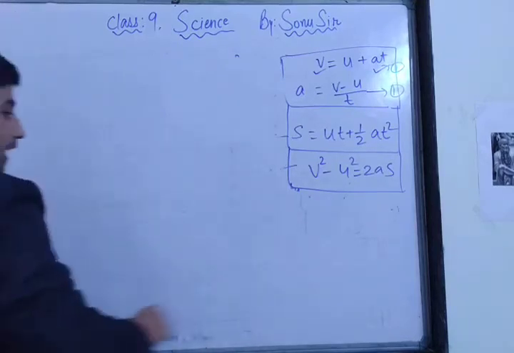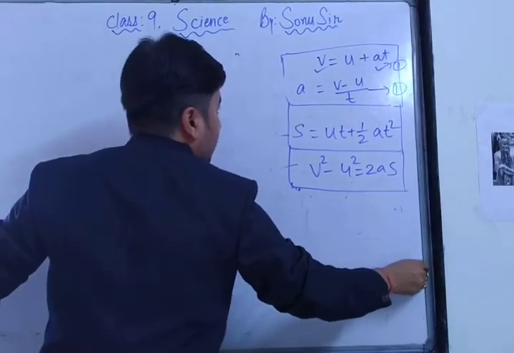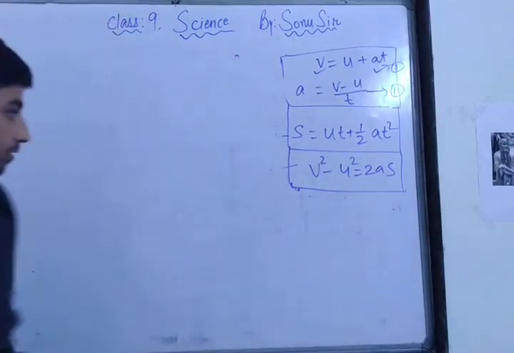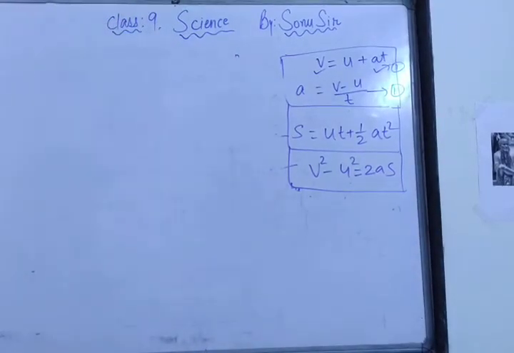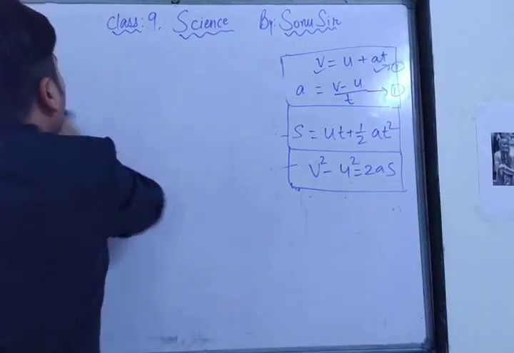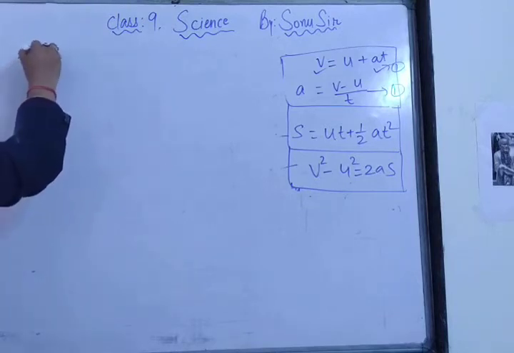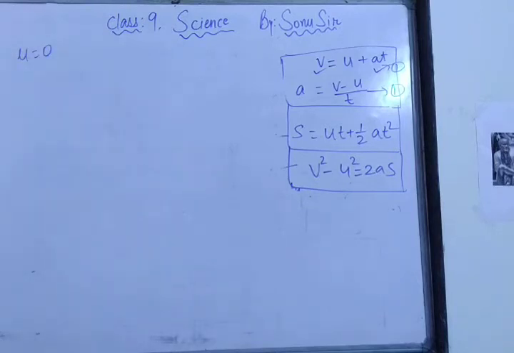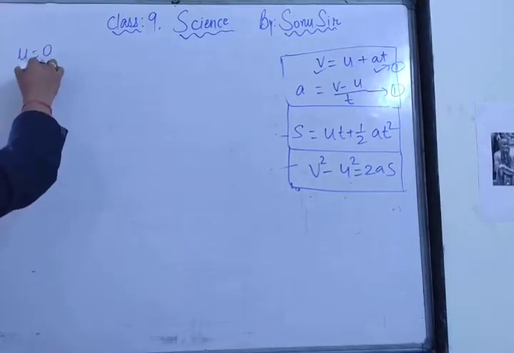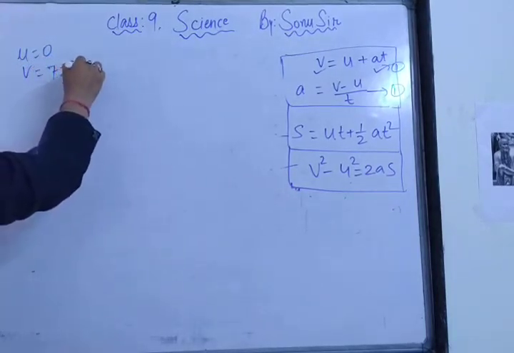As you can see in this question, there is one train. The train starts from rest and attains a velocity of 72 kilometer per hour. So it starts from rest, meaning initial velocity u is 0 and final velocity v is 72 kilometer per hour.